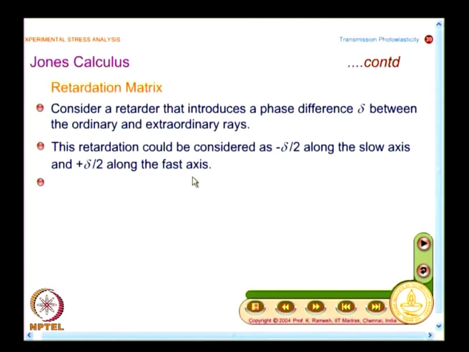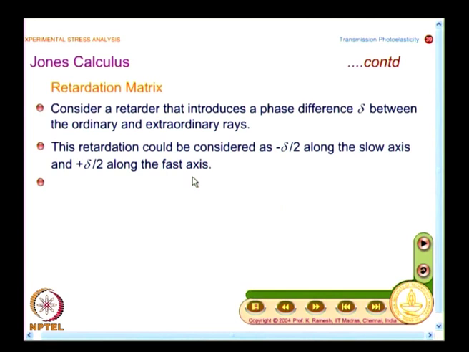The idea here is we would like to have a nice matrix representation, and we will follow some convention to facilitate how we analyze different optical arrangements. If we develop some equations to start with, the same set of equations could be used if you follow the same convention. That is the idea behind it, and we would like to have the slow axis oriented at angle theta.